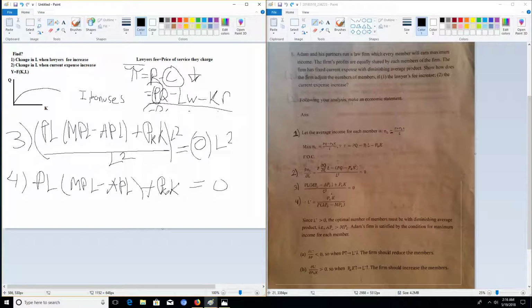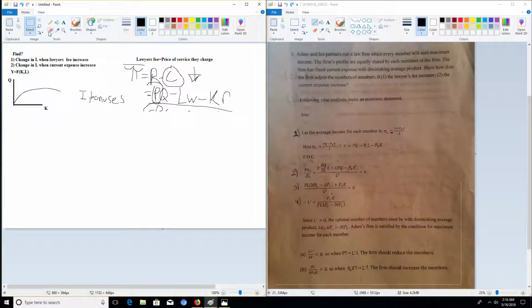I shall do this on a fresh sheet. So P sub L, MPL minus APL plus P sub K times K equals 0.